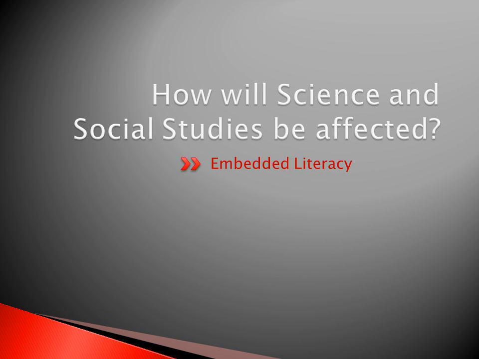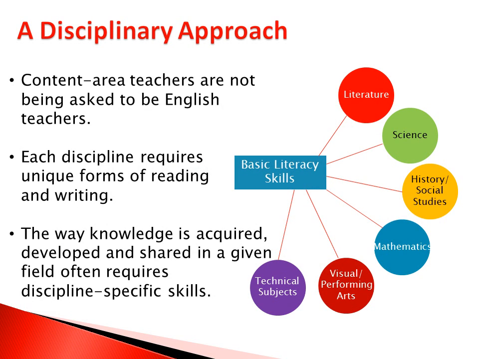So how will your child be affected in science and social studies? We talked about the literacy skills a little bit that are going to permeate all the content areas, how all teachers are going to be asked to teach literacy. As you may or may not know, each discipline requires unique forms of reading and writing.